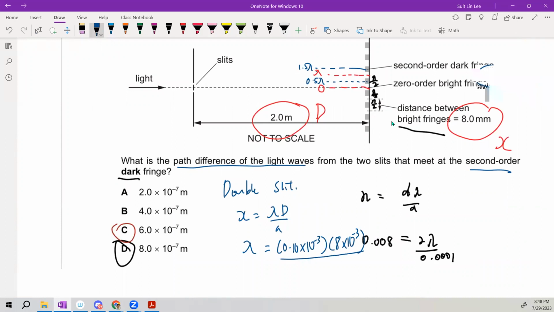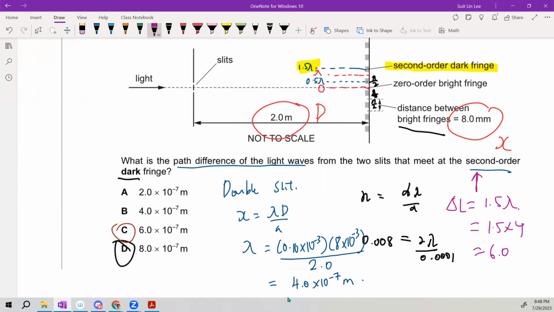And then the D is 2. So you can find lambda. Looks like lambda is 4.0 times 10 to the power negative 7. Okay, but we want second order dark fringe, which is 1.5 lambda. So second order, your delta L is 1.5 lambda. So 1.5 times 4 is 6.0. So the answer will be C.